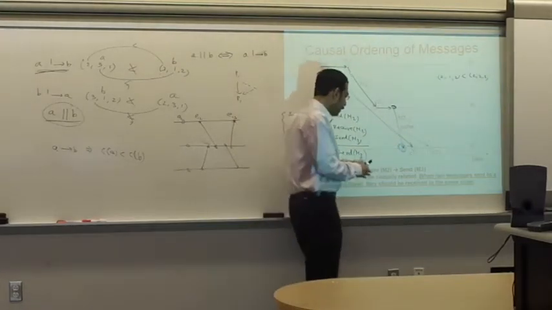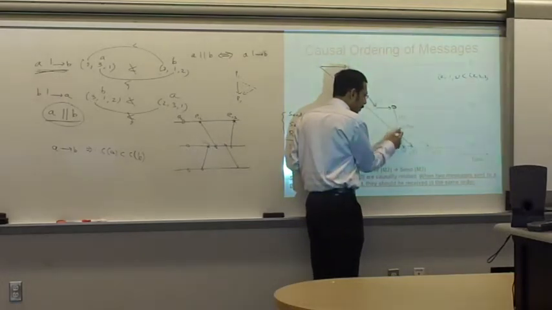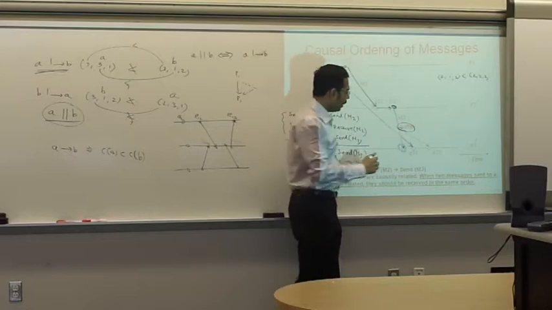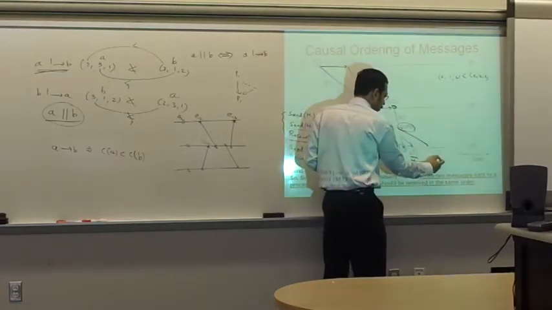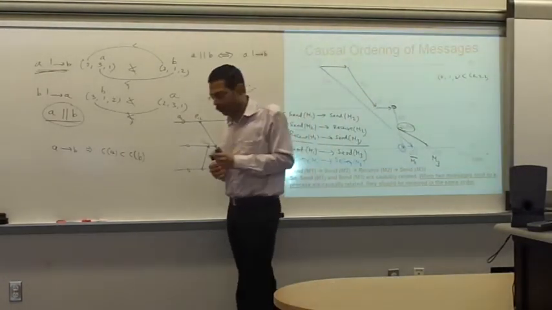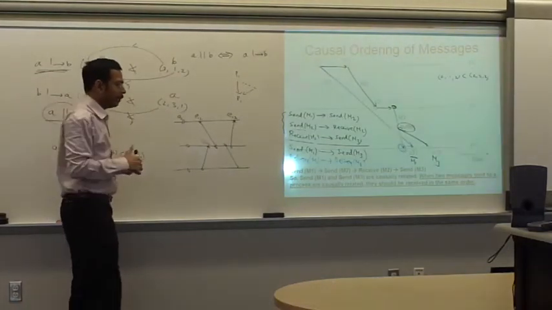The lower layer I talked about may receive it, but you have to store it in a lower buffer without delivering it to the application. And once you deliver M1, now you can deliver your M3. So you have to temporarily store it before you deliver it to the application.